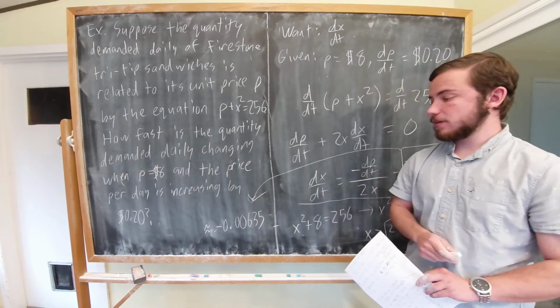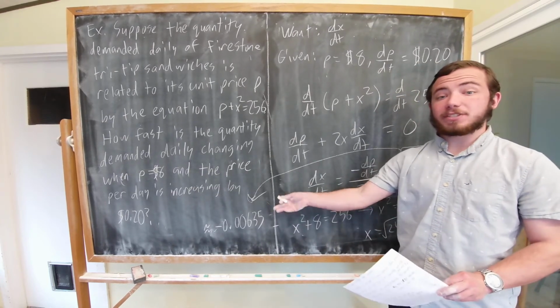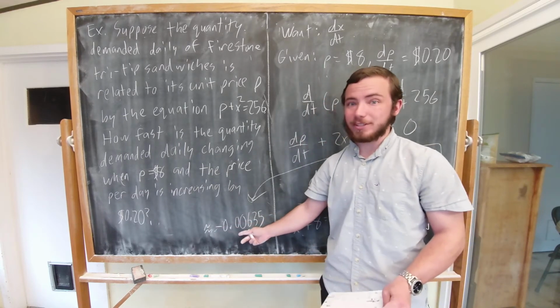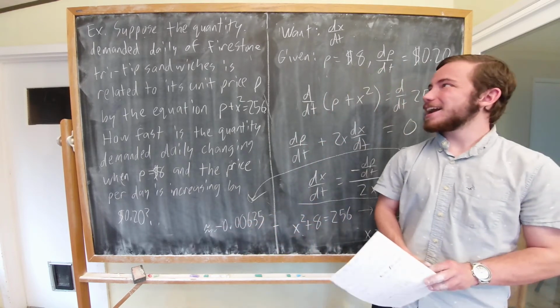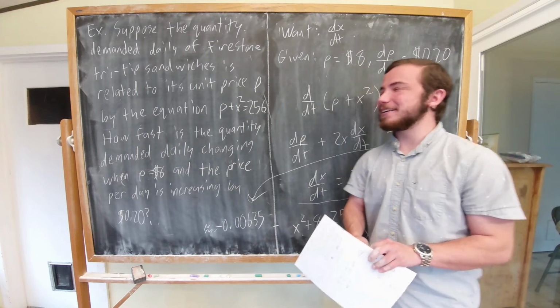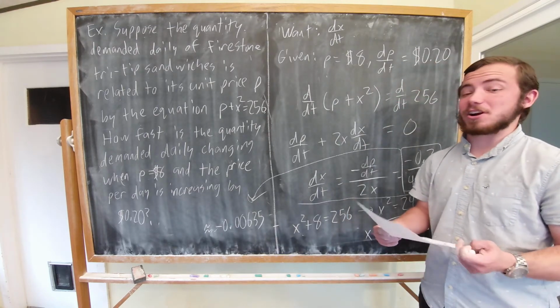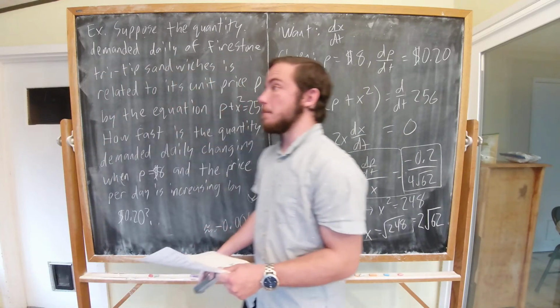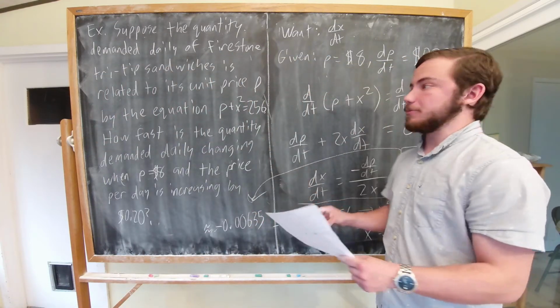So the amount of sandwiches demanded is going down by 0.00635 sandwiches. I don't think Firestone's hurting too bad for that in this scenario. All right, let us move forwards and do more examples.